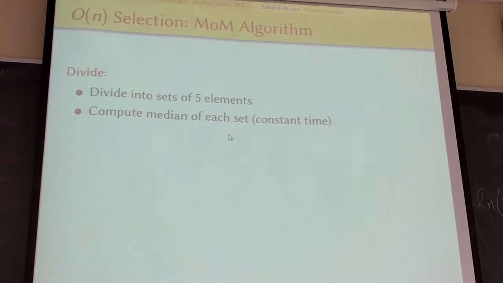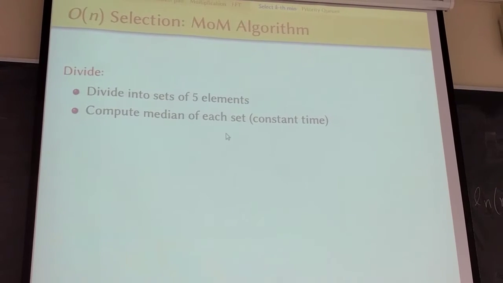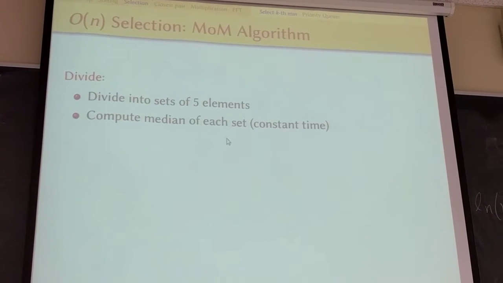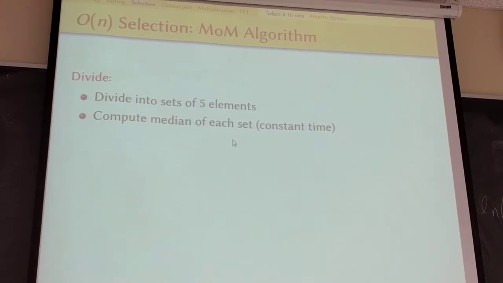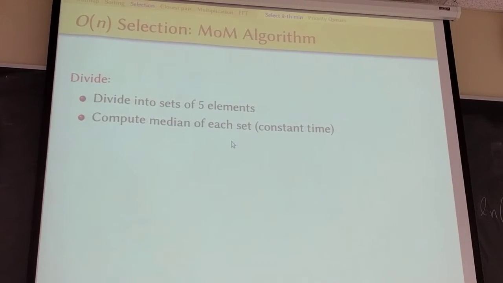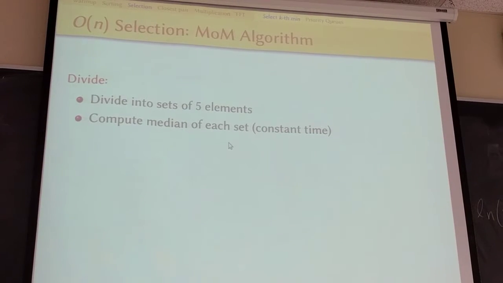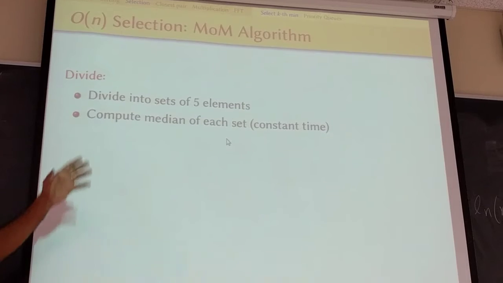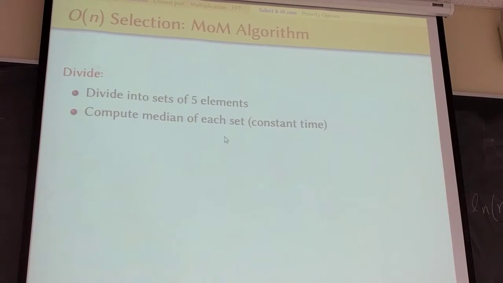Okay, so n by 5 groups will be there. Now for each group of 5 elements, you find the median. Since 5 is a constant, you need to perform only a constant number of comparisons to find the median. Maybe 8, whatever, some number. And now you have the medians of each of these n by 5 sets.